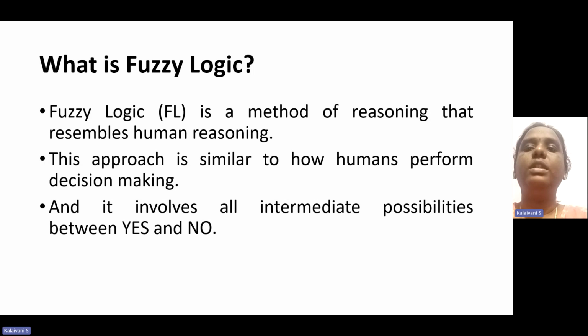So some information related to that particular problem and addressing those problems will definitely take us to a better solution. That is what this fuzzy logic involves. And as I stated earlier, it involves all intermediate possibilities between yes and no. So this is a formal definition of fuzzy logic.